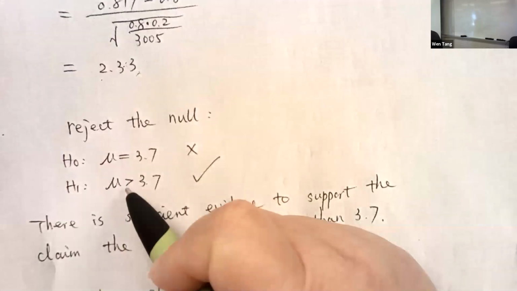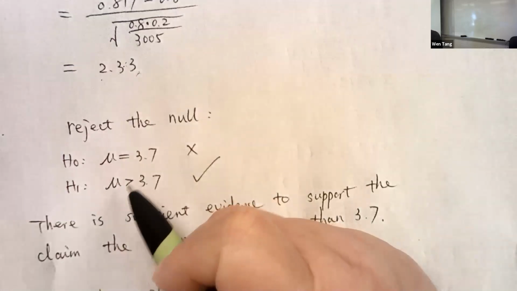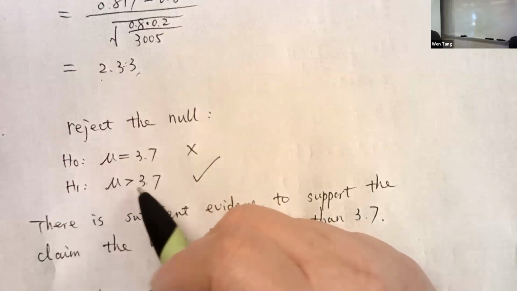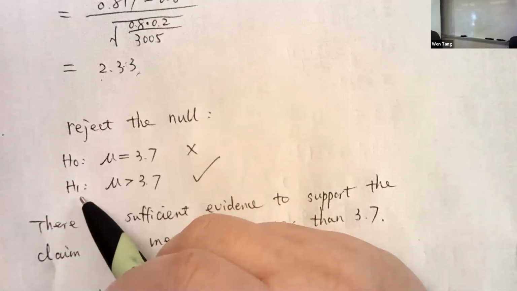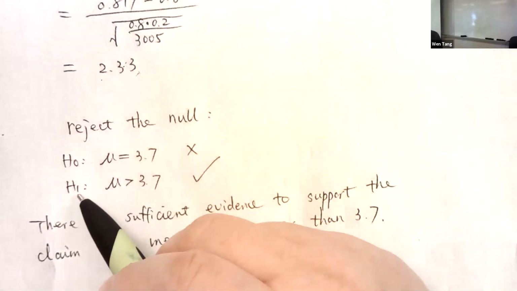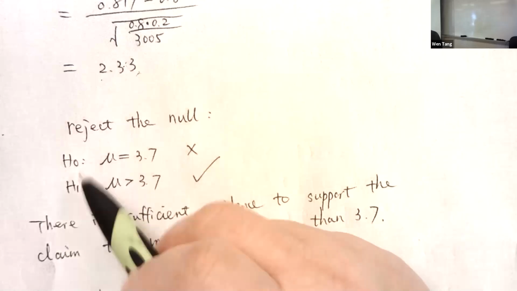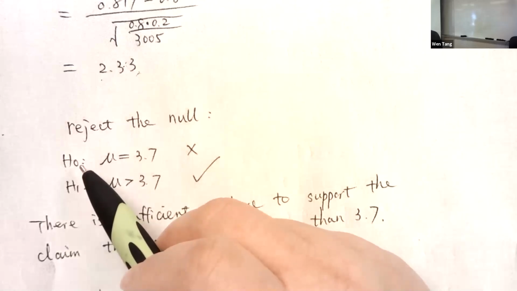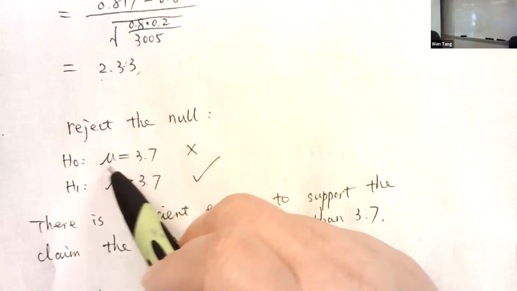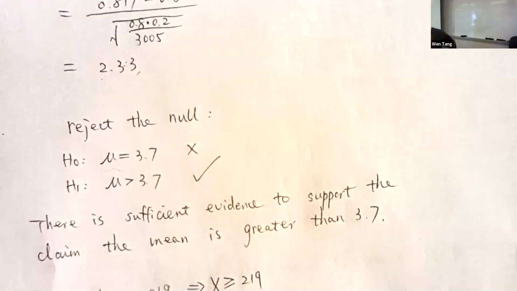The sign in the middle is just a greater than sign. It's not an equal sign, so this one can only be our alternative. And for the null, we only need to change the sign to the equal sign. So that one will be our null hypothesis.